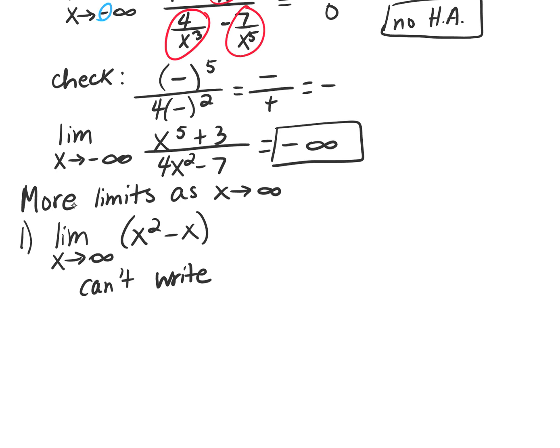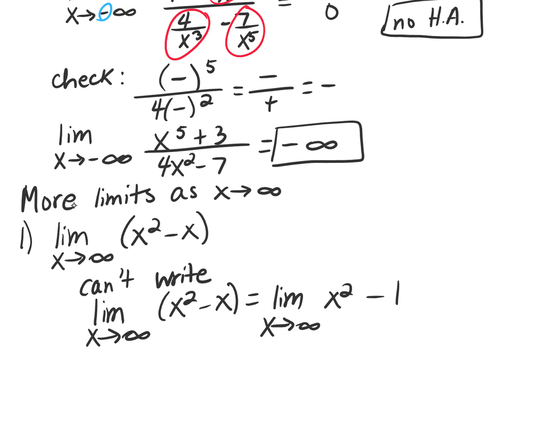What's happening as we're approaching infinity in this quadratic function, we can't just think about what would happen if we plugged in a really big number to each part. Something that we talked about in one of our first lessons algebraically is we could potentially separate this into the limit as x approaches infinity of one part minus the other part. The problem is those limits are not real numbers.